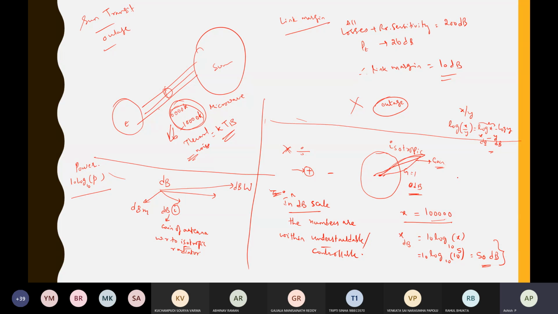So 1 lakh or even 10 lakhs. Suppose you have a distance d equal to 40,000 kilometers, and find out d square. That is 40,000 into another 40,000, which becomes very cumbersome to calculate. If we go for the dB scale, the distance in dB is how much?